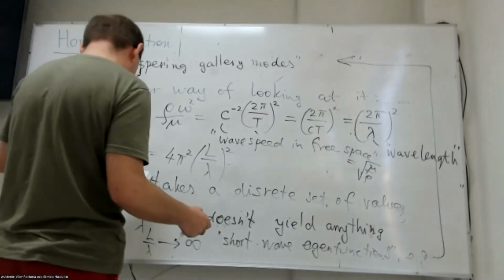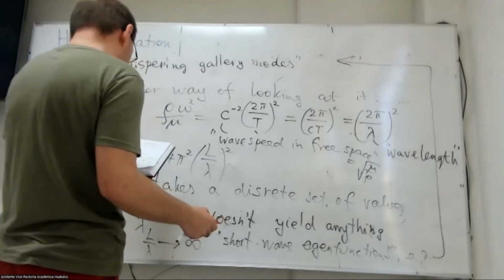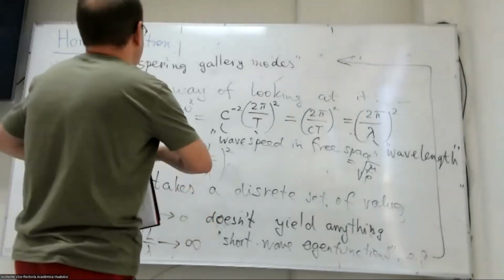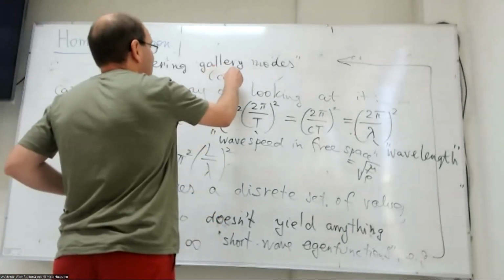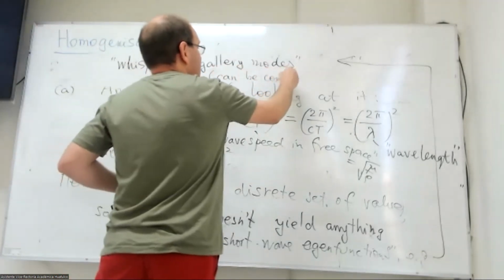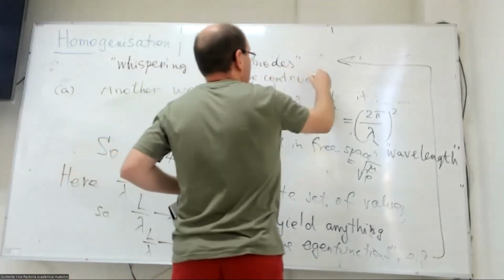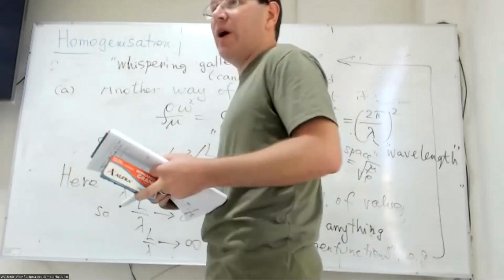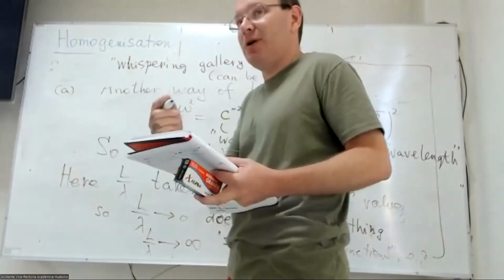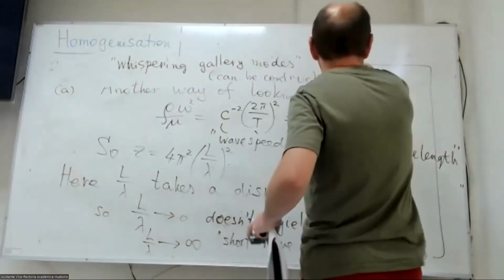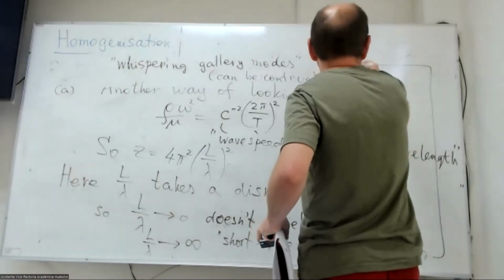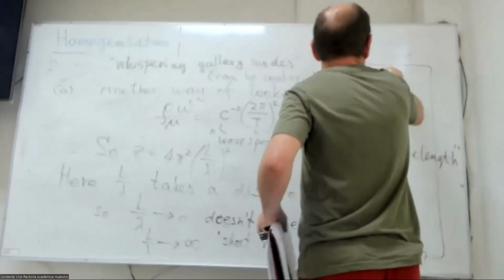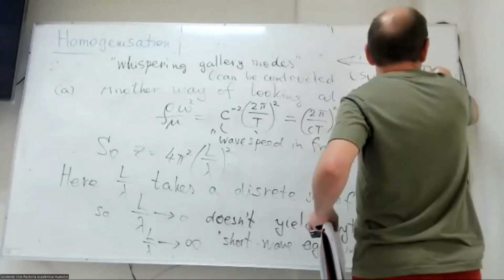Those are the so-called whispering gallery modes, and they're high frequency short wave eigenfunctions. So actually, these can be constructed explicitly, but in an asymptotic way, explicitly but approximately, using the so-called Keller-Rubinow method. And I'll stop with this today.